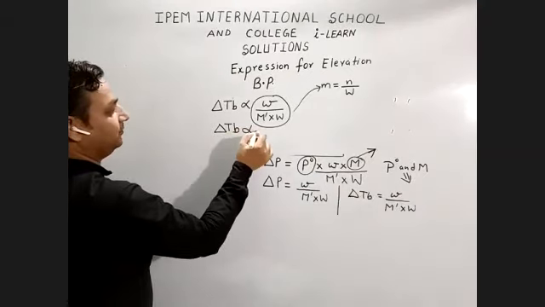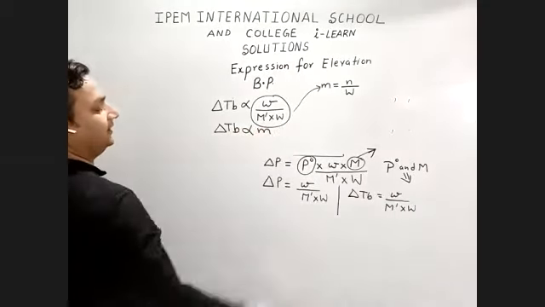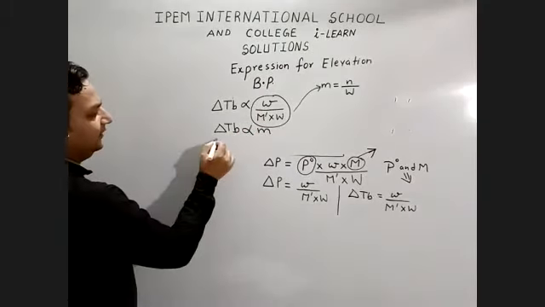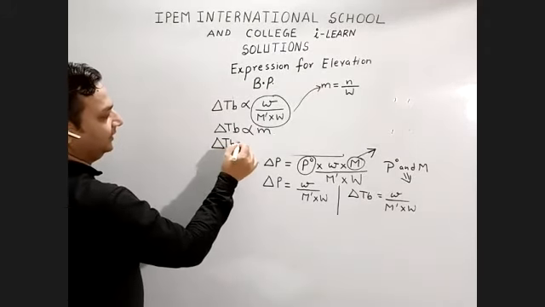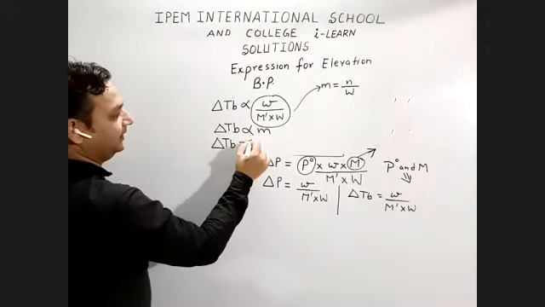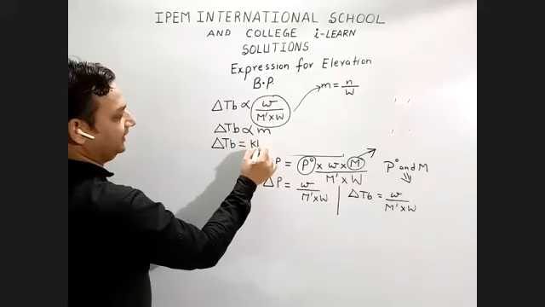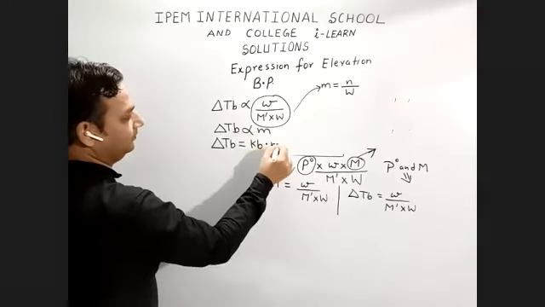Delta TB will be directly proportional to molality. And if we replace this with a constant, delta TB equals the proportionality constant Kb into m.